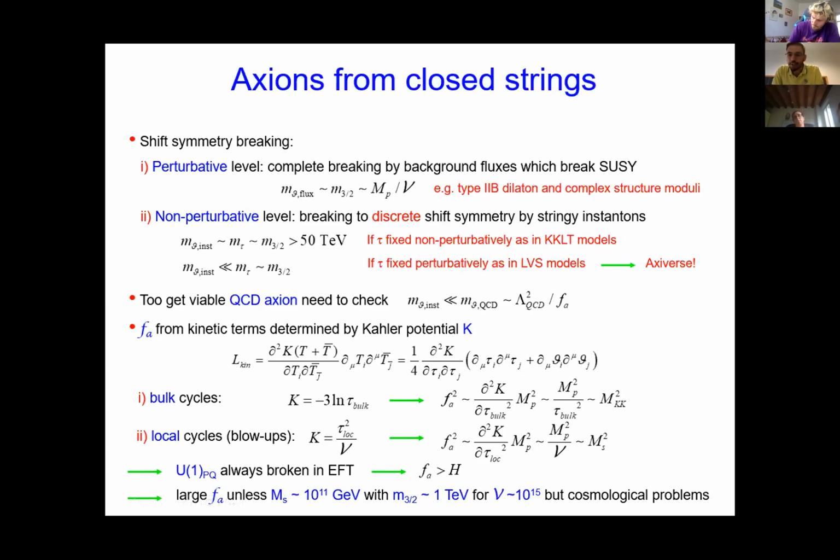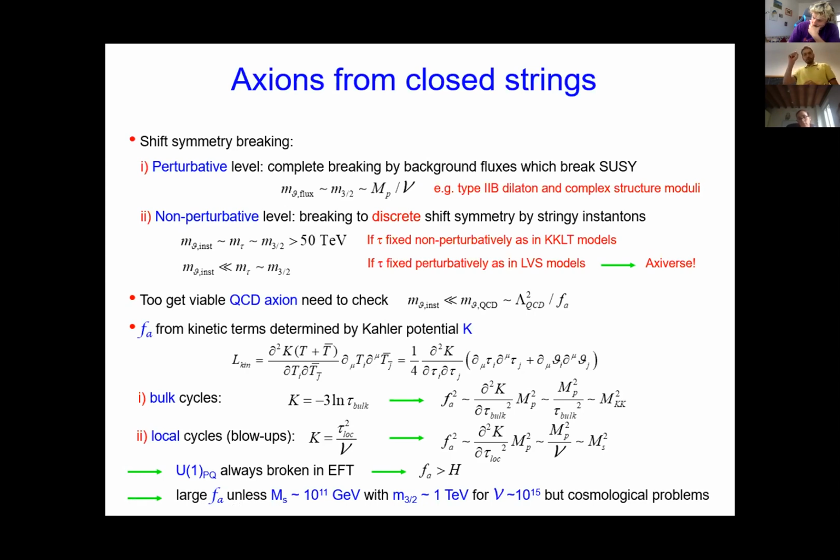And in this case, similar to the LVS models, so large volume scenarios, the axions are fixed by non-perturbative effects, the saxions tau are fixed by perturbative effects, so you can create a big hierarchy. The general expectation is just that the mass of the axions should be exponentially smaller than the mass of the saxion. So the saxion is larger than 50 TeV or around 50 TeV, and then the mass of the axion is exponentially suppressed.